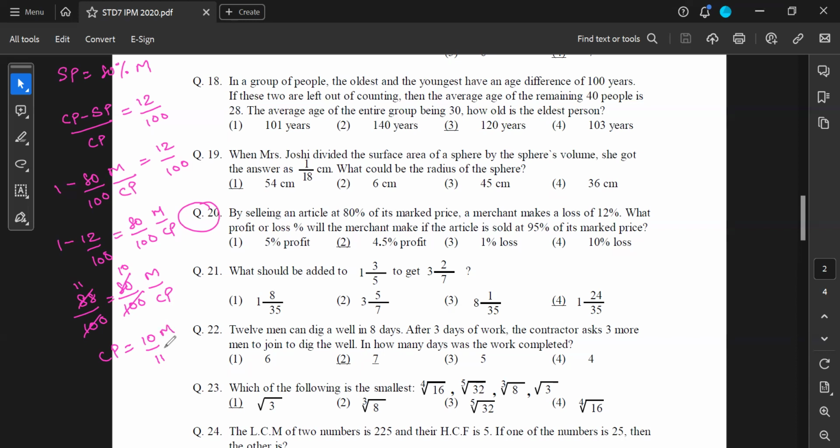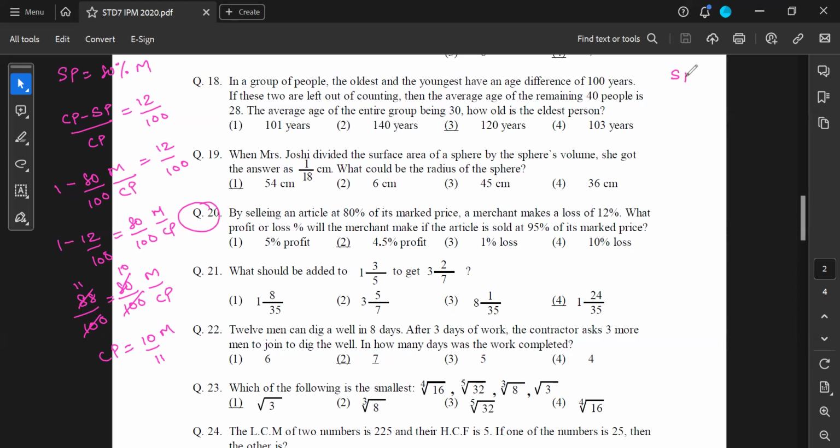Now I've got the value of cost price. This guy is going to sell at 95% of the marked price. So I have to find whether there is a profit or loss. Obviously, there will be a profit, because this is more than 80.